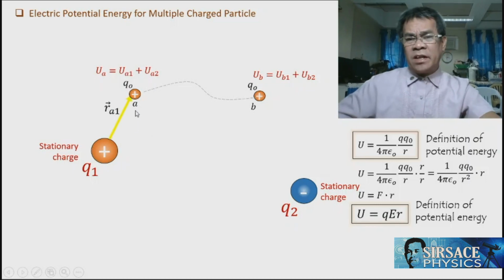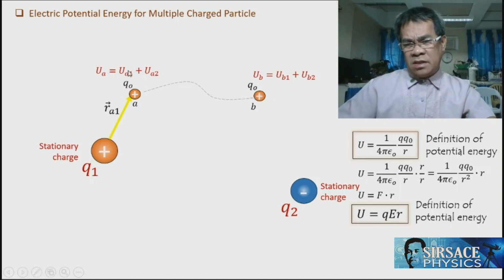So what are the requirements in order to provide the energy at point A due to charge 1? We need the position of point A away from charge 1. Assign that as R_A1. R_A1 means the position of A from charge 1.